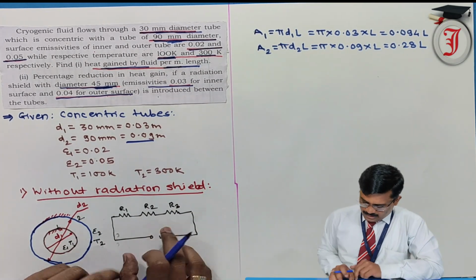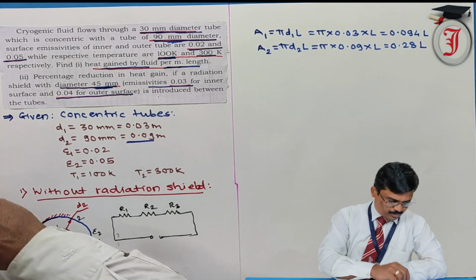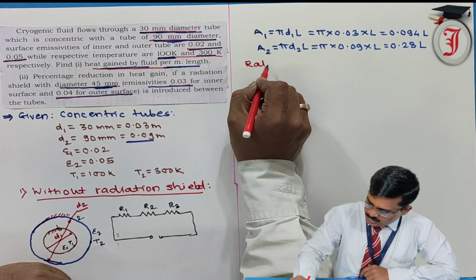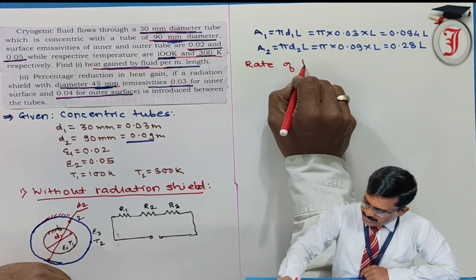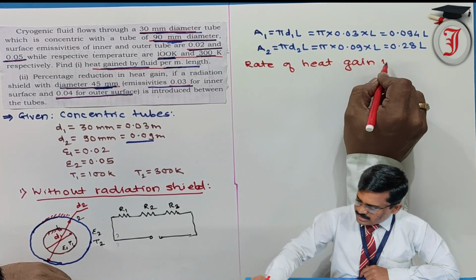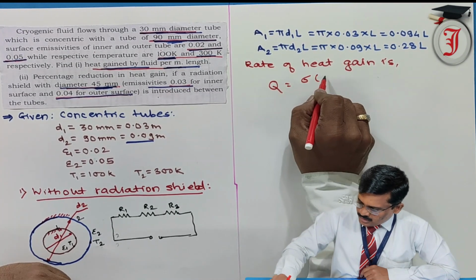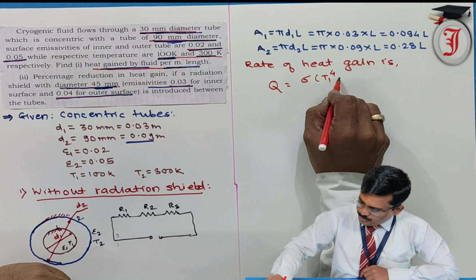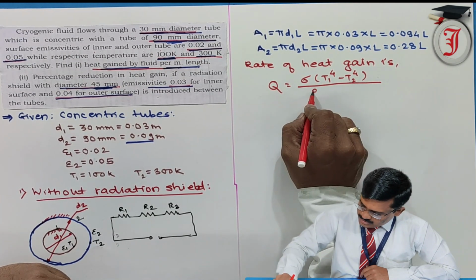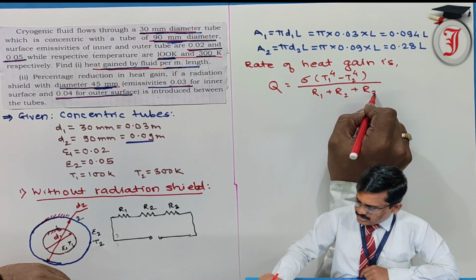Now let us calculate the rate of heat transfer. The rate of heat gain is given by Q equal to sigma (T1 raised to 4 minus T2 raised to 4) upon the resistances R1 plus R2 plus R3.